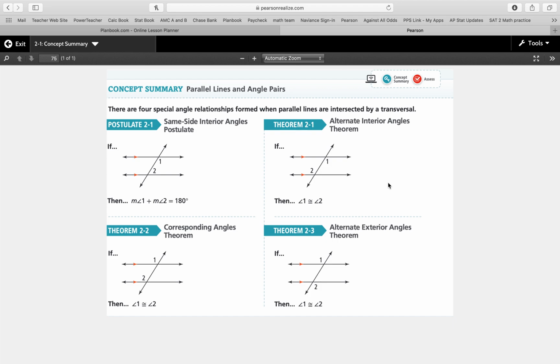Again, all of this only works if my lines are parallel. If my lines are not parallel, none of these theorems work, because the condition is always that the two lines are parallel.